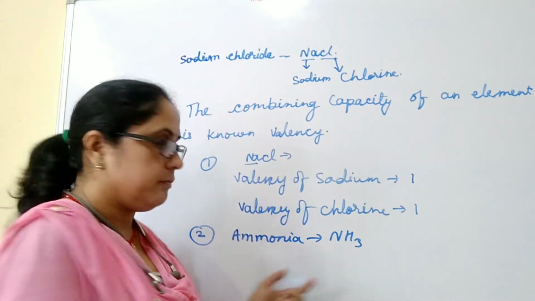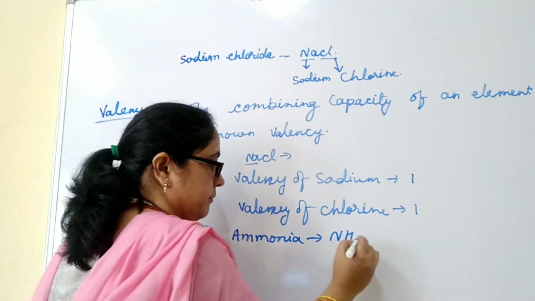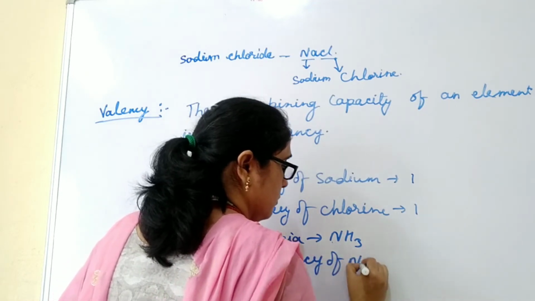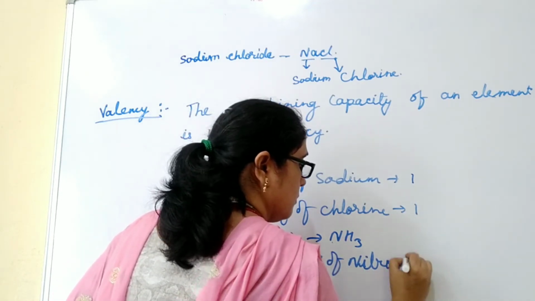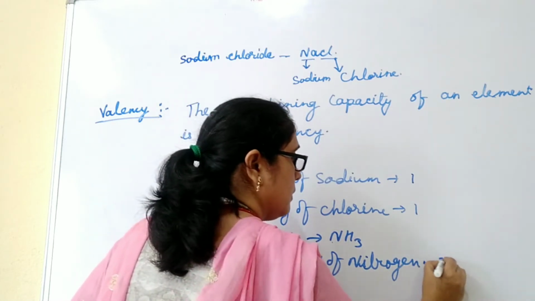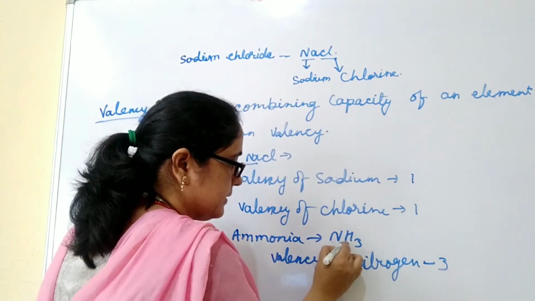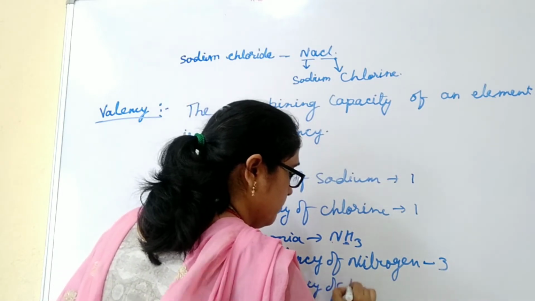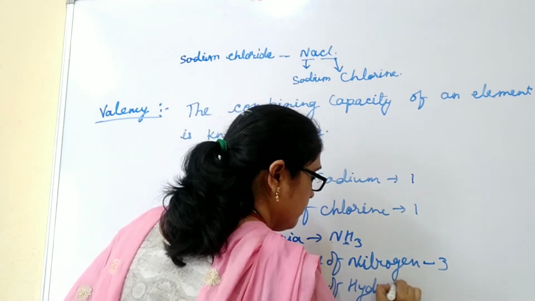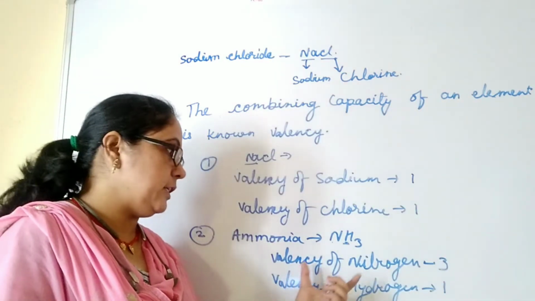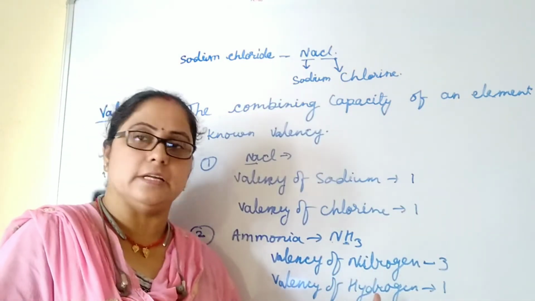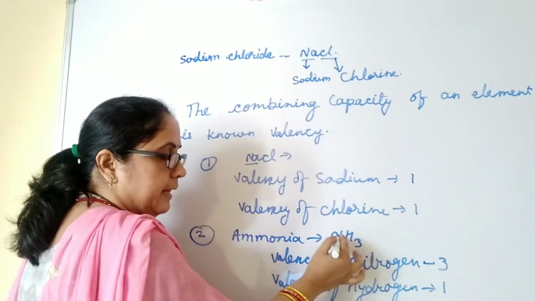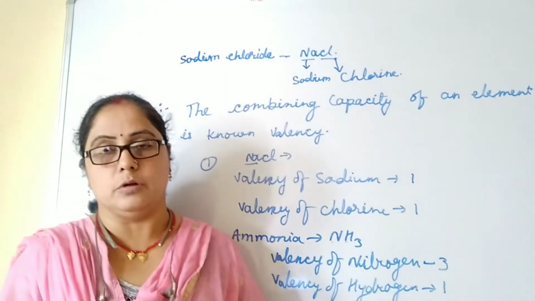In this, valency of nitrogen is 3 and valency of hydrogen is 1. It means they exchange their valencies to make the chemical formula.